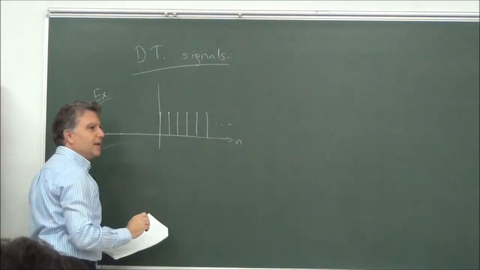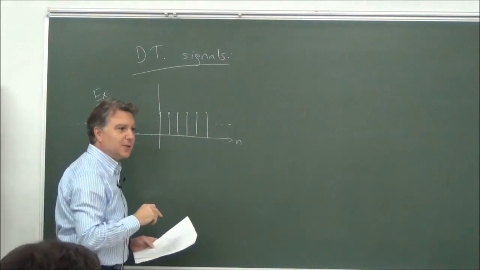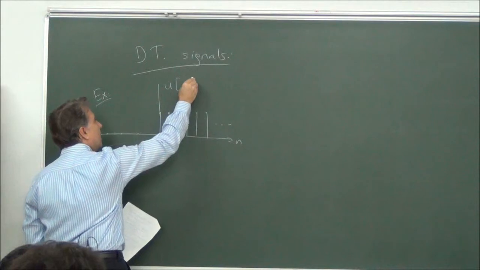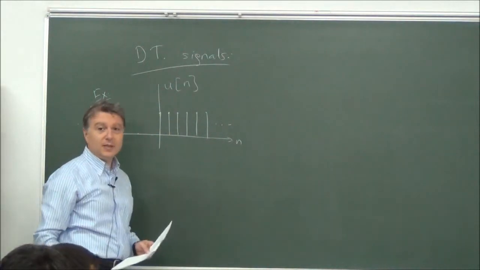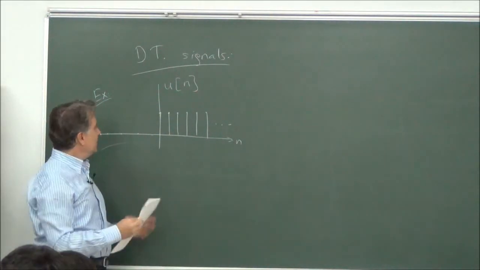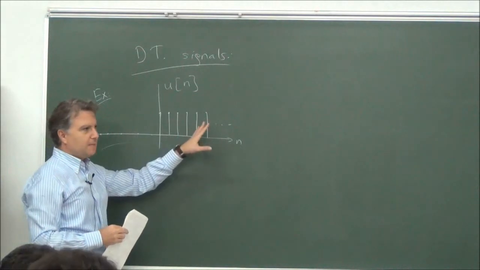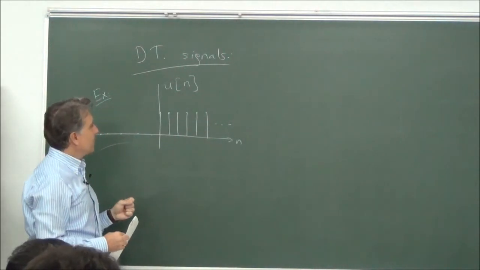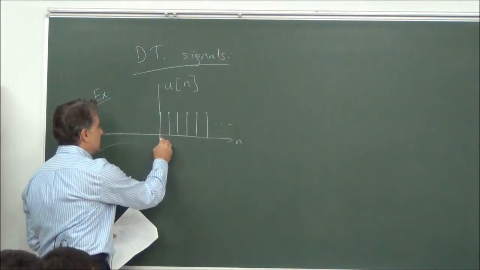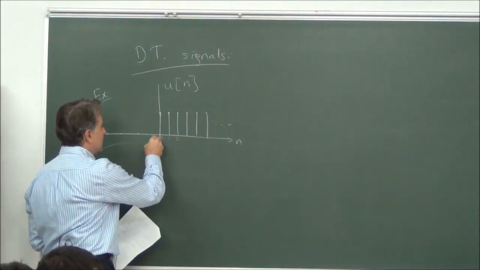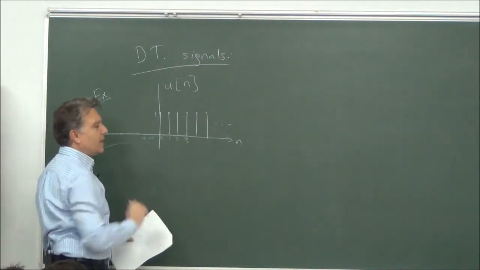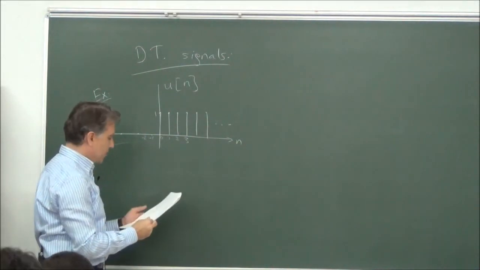Like this. Can you give a name to this? Let's call it u of n, unit step function again. But this time this unit step function is in discrete time, and it's easier for our case. This is the 0 index, this is 1, 2, this is minus 1, minus 2, etc. And the values are all 1s after 0.